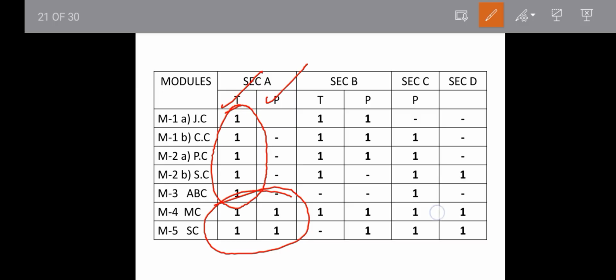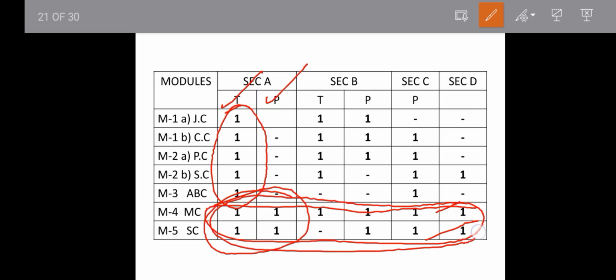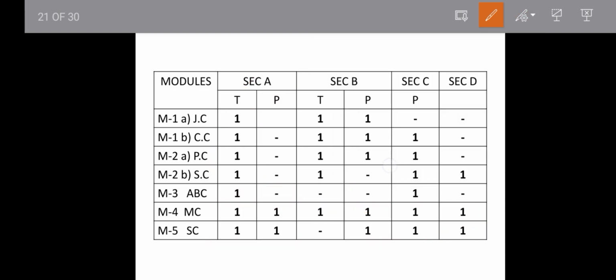The last two chapters are important in all the sections because that is the major point of our blueprint or our syllabus. So the last two chapters, marginal costing and standard costing, please prepare well, practice well.